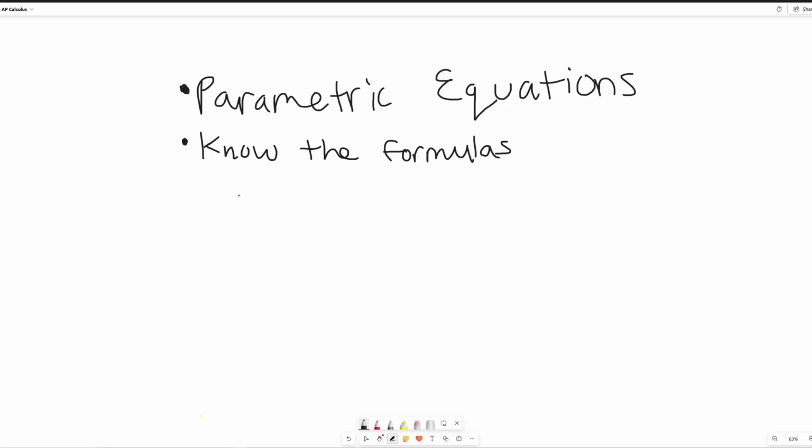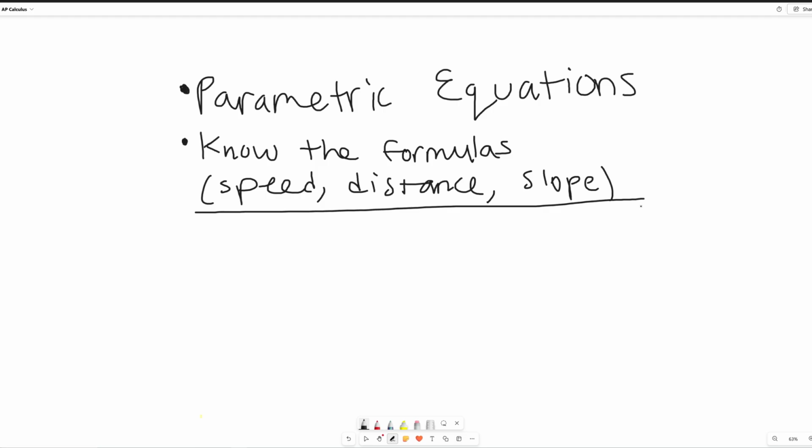You will be tested on speed, distance, and slope. Occasionally, you'll be tested on d squared y over dx squared, but these three, 100% you will be tested on. So go back in the video, re-watch it, and memorize those formulas.